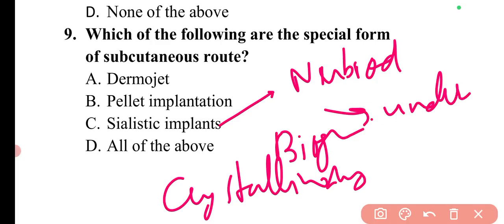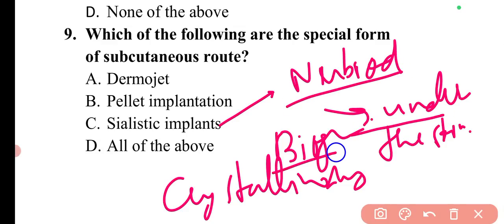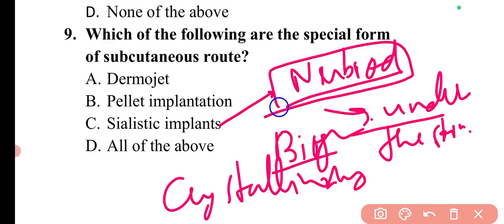There is a slow and uniform leaching or release of drugs, which can occur over months, and it will provide constant blood levels. Those which are non-biodegradable need to be removed later on, but biodegradable ones need not be removed because they will be biodegraded within time.